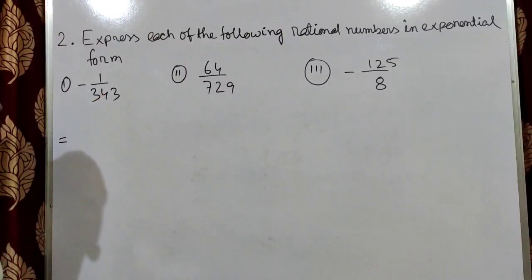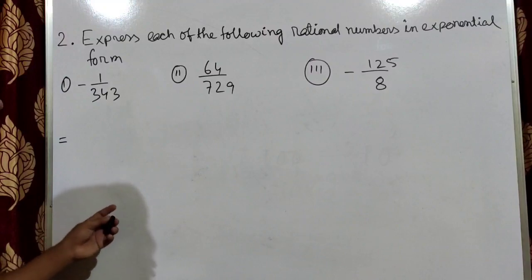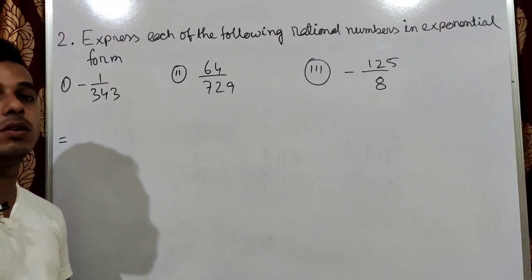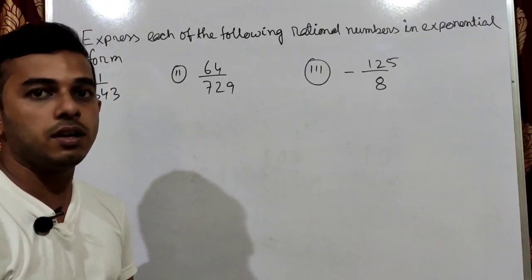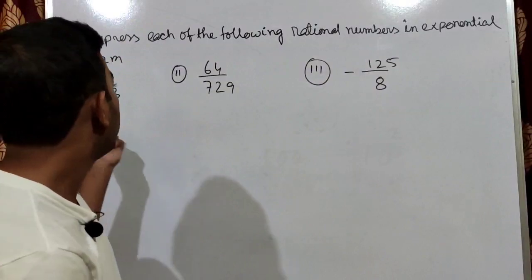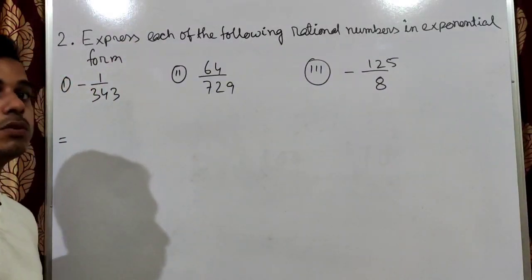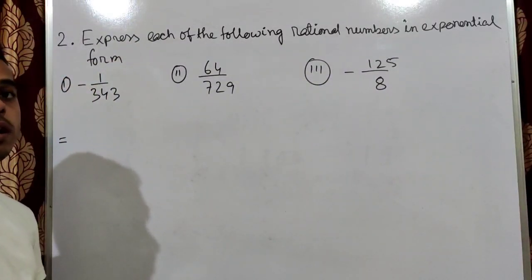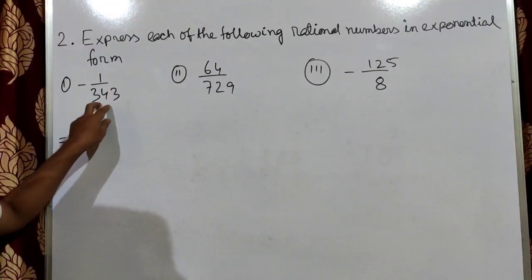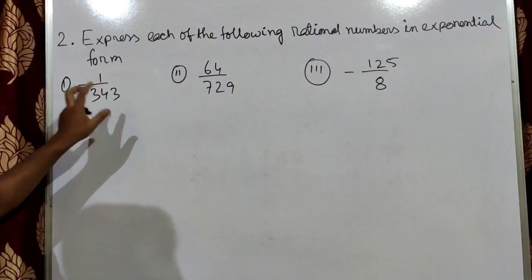So here the first question is minus 1 by 343. For 1, we know that if 1 has any power the value will be 1. So we have to think about 343. That means how can we express 343 in its exponential form?